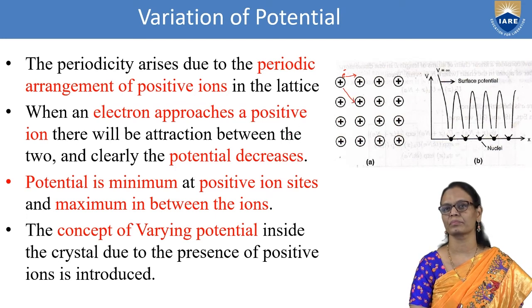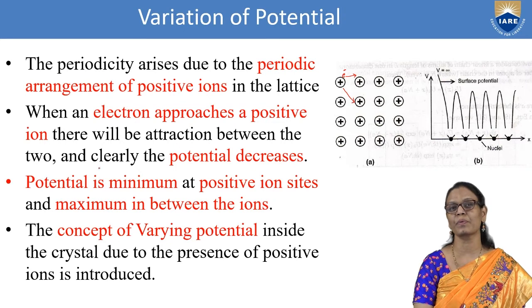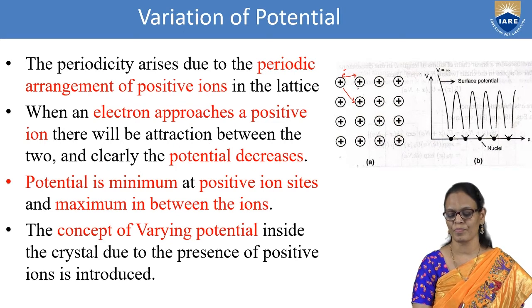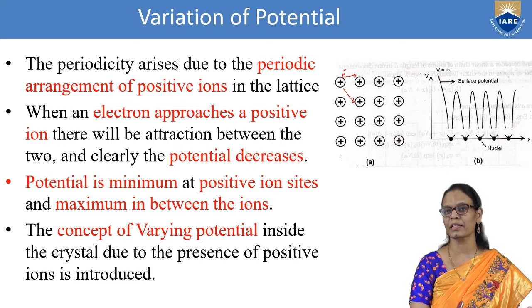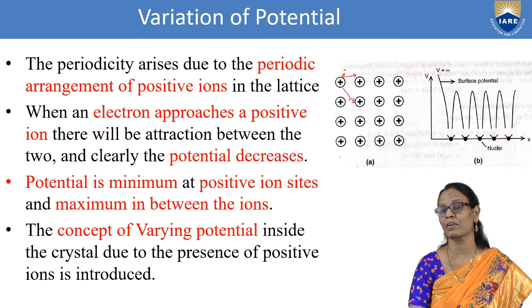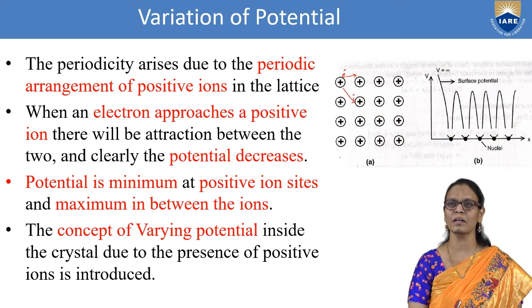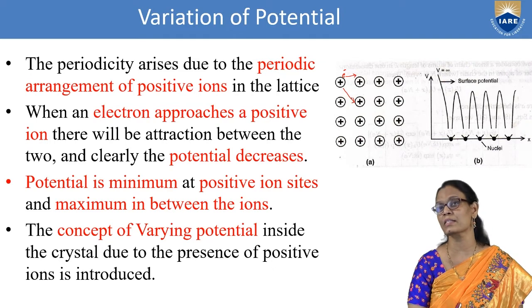Then there will be an attraction between the two. This is negative, this is positive. In the earlier theories, especially in the classical theory, we did not consider the attraction between the positive ions and the negative electrons. They said it is negligible.